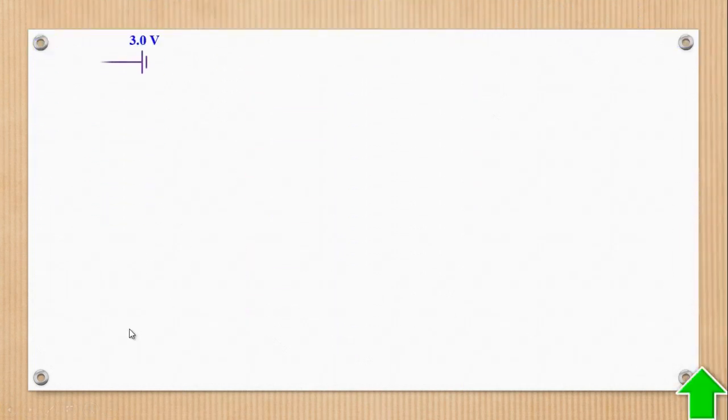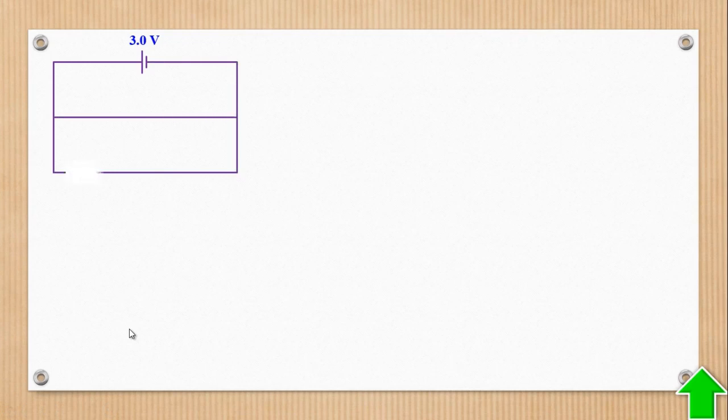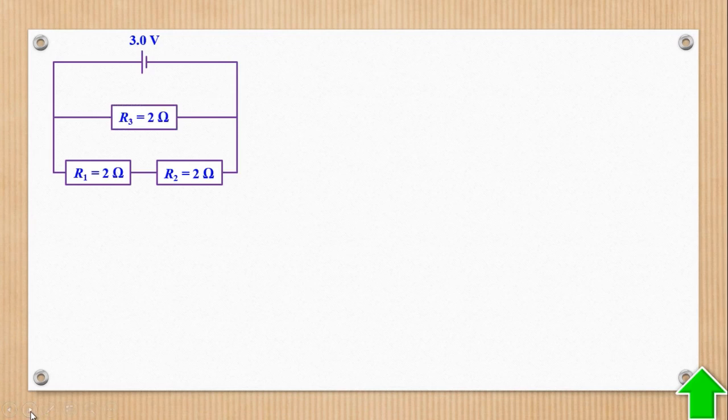We're going to first redraw what was given. Now from here, you shall remember that current moves from positive through the circuit and back to the dry cell. So let's draw those arrows to show the current.